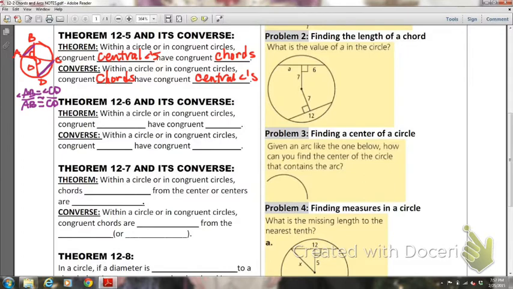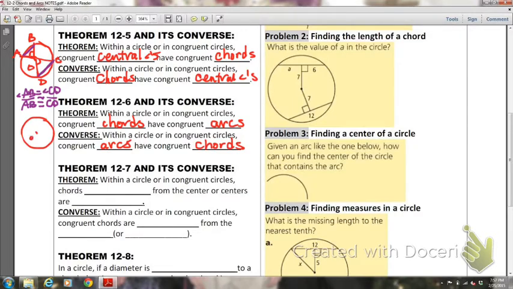In the next theorem, it says within a circle or in congruent circles, congruent chords have congruent arcs. The converse of that's also true. Congruent arcs have congruent chords. Look at the same type of diagram here.